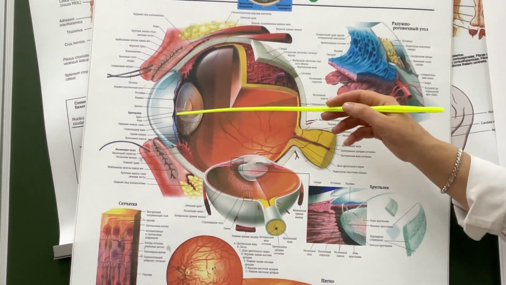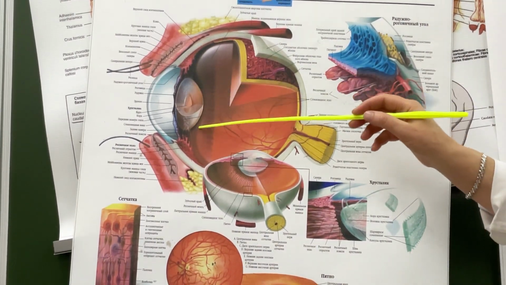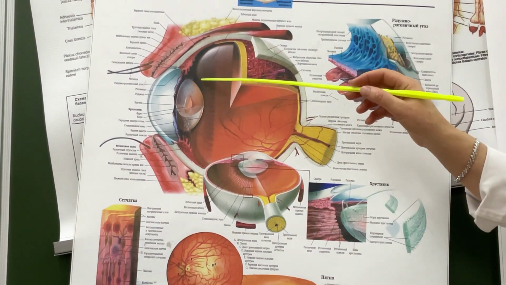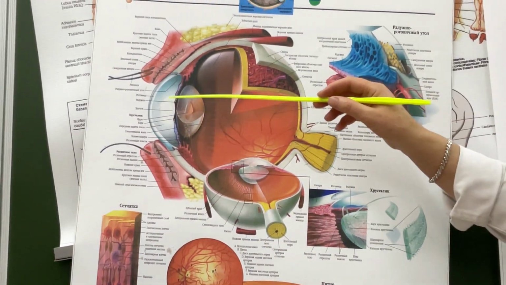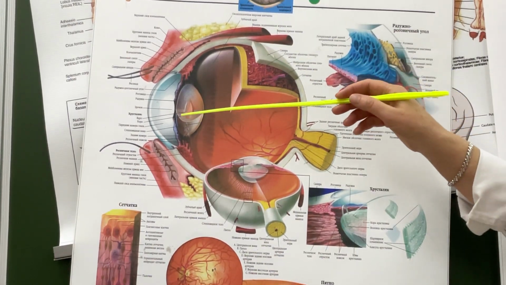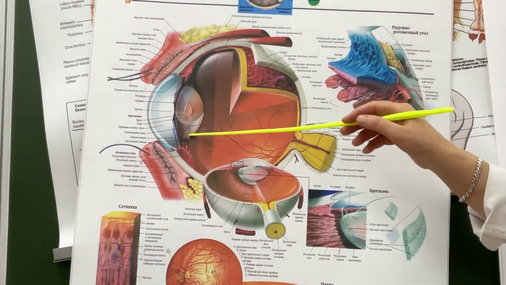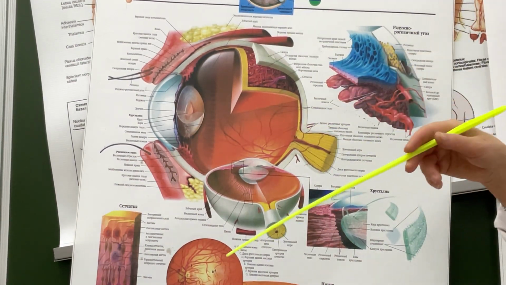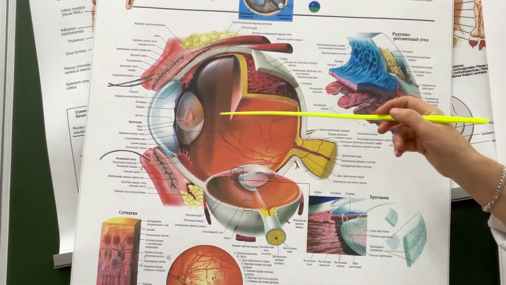So what can we say about the lens? The lens has two poles, anterior and posterior. The anterior is more flattened, the posterior more convex. Then we distinguish also the equator between the anterior and posterior surfaces. It should be absolutely transparent and elastic to allow accommodation.